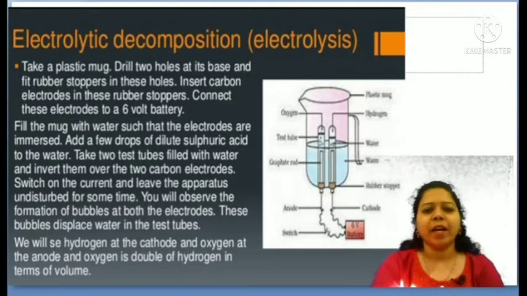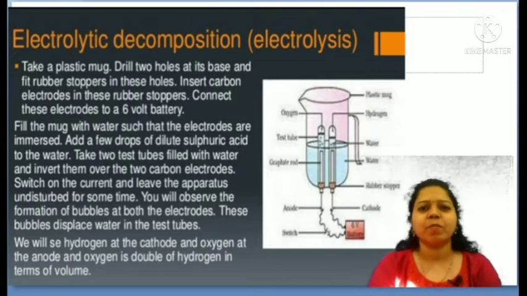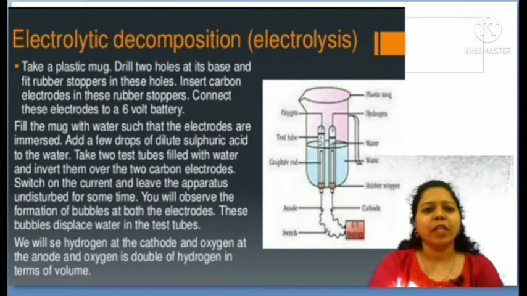Hydrogen is deposited at the cathode and oxygen at the anode, and the amount of hydrogen is double the amount of oxygen, which shows that the water we are taking in the mug is decomposed into hydrogen and oxygen. But this decomposition takes place with the help of electricity. That's why this type of decomposition is known as electrolytic decomposition, and the reaction is known as an electrolytic decomposition reaction.